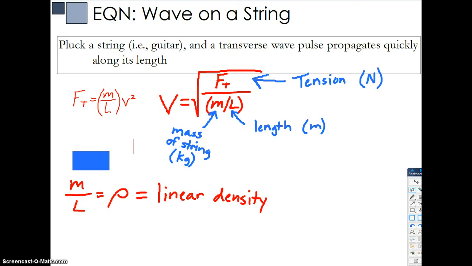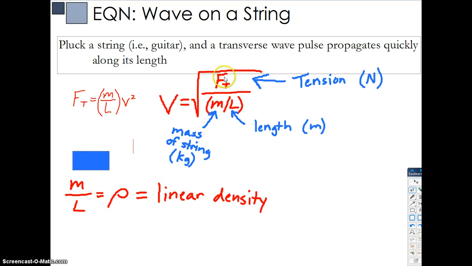It's related to the tension. If you've ever tuned a guitar string, you know this. It's related to the linear density. You'll notice that the thicker strings have a lower frequency. We'll get into the frequency part, but this is just describing how quickly the waves would propagate. Now look at this part.